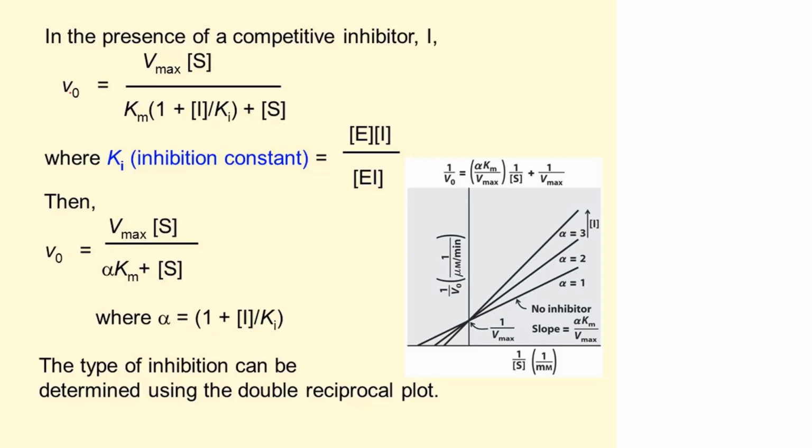What is that? In the presence of a competitive inhibitor, we can say I. So V0 would change to what?